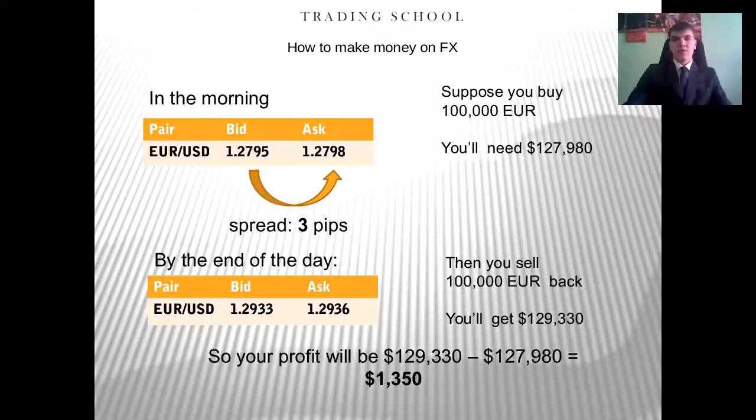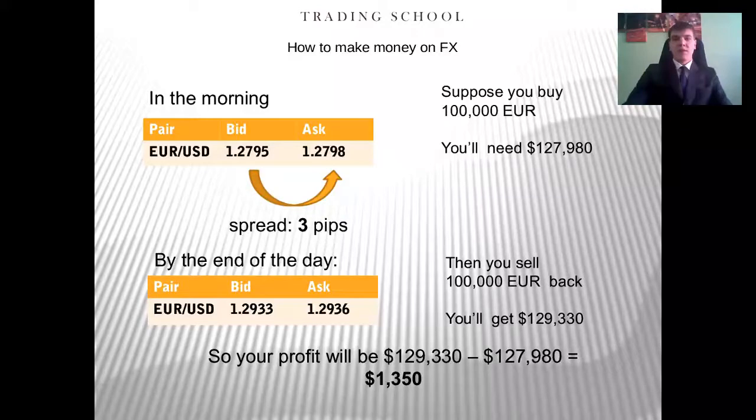The ask price is the price at which you buy the currency, and the bid price is the price at which you sell the currency. The difference between the ask price and the bid price is called the spread. In this case, you see that the spread is 3/10,000 of a unit. So it is called pips or points. So 1/10,000 of 1 is 1 pip in this pair.